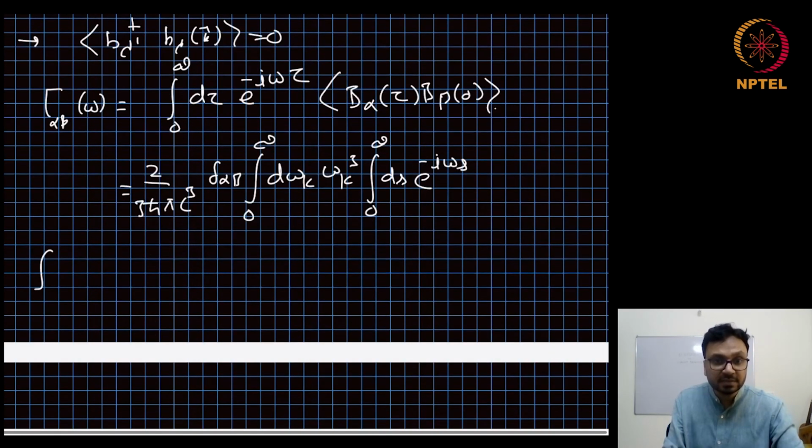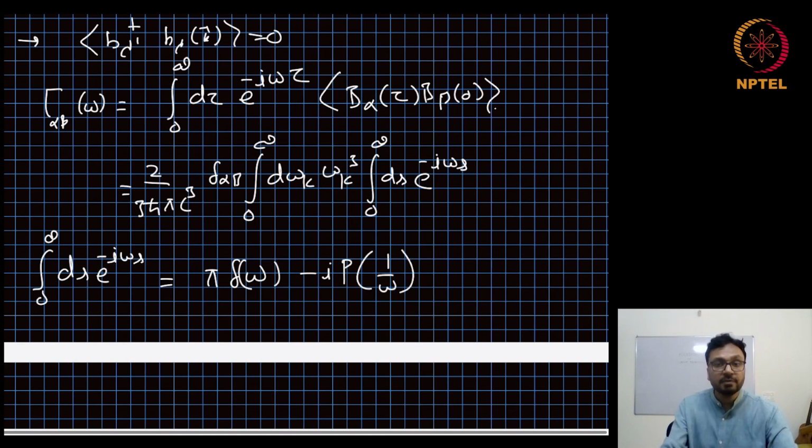Now here is something interesting. The integral from 0 to infinity ds exponential of minus i omega s can be written as pi delta of omega minus i P of 1 over omega, where P is the principal value.